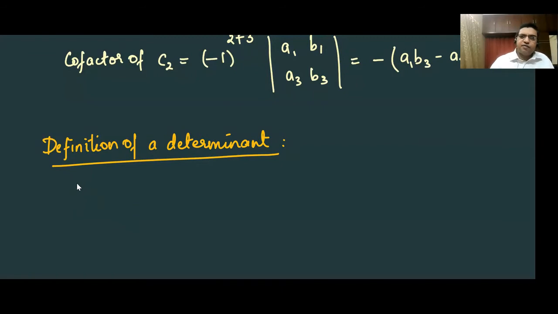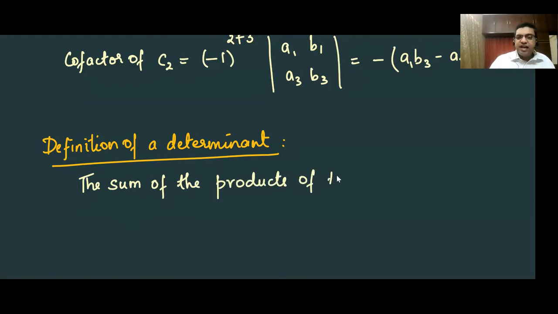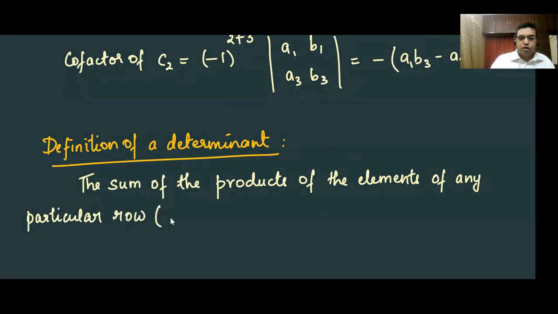Determinant is defined like this: the sum of the products of the elements of any particular row or column with their corresponding cofactors.